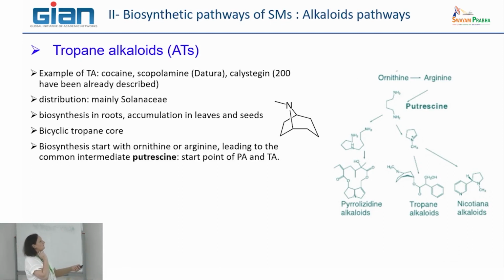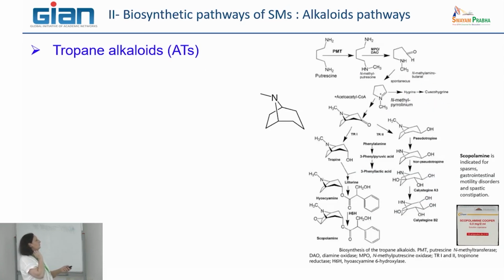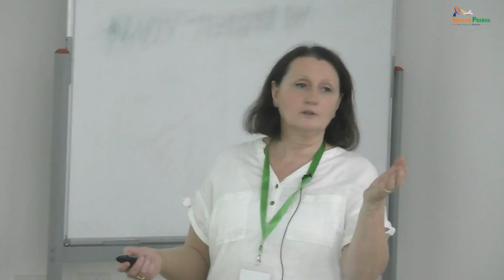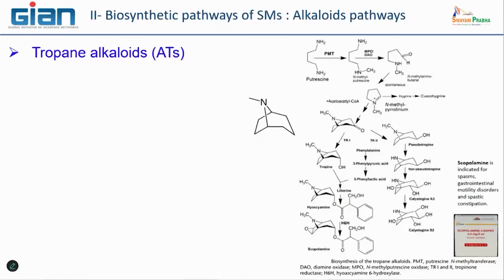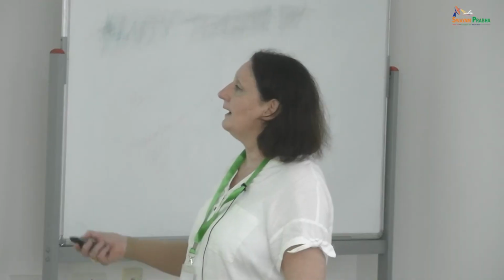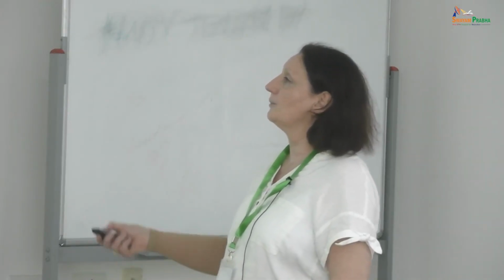From putrescine you can have several different branches. This is the involvement of the other enzymes I showed you before: hydroxylase, oxygenase, and so on. And you may have different branches and sub-branches.